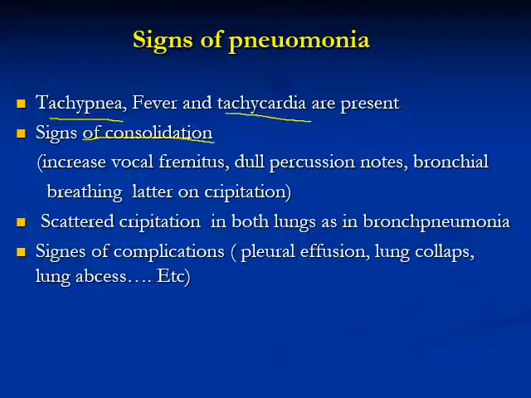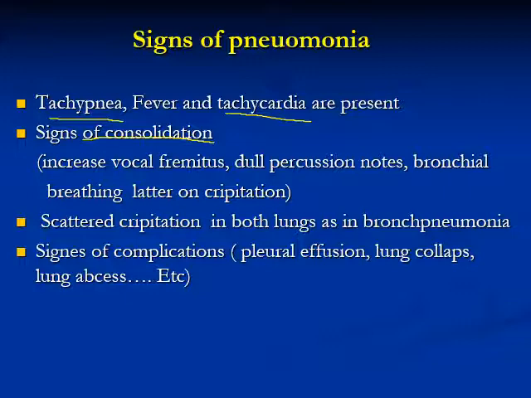Percussion is dull over the affected area. And by auscultation, first there is bronchial breathing because there is solidification of the lung. Here the bronchioles become near the surface and transmit the sound from the bronchi to the surface. This is called bronchial breathing. But later on, when there is a resolution of the consolidation, the patient may develop crepitations.